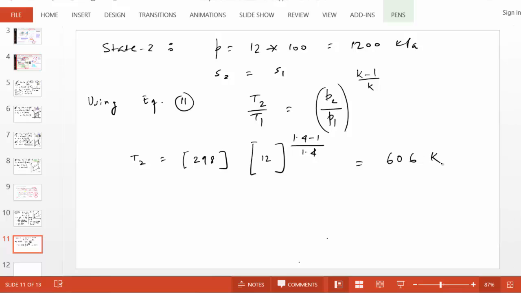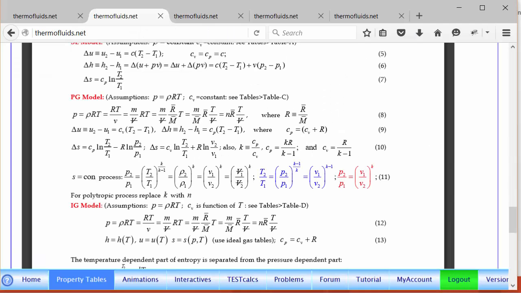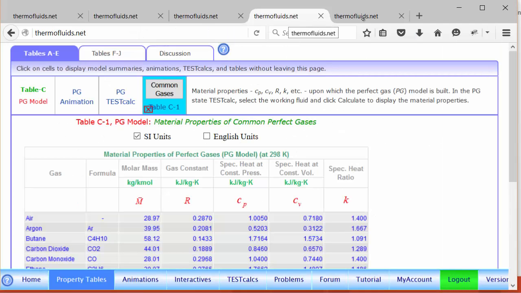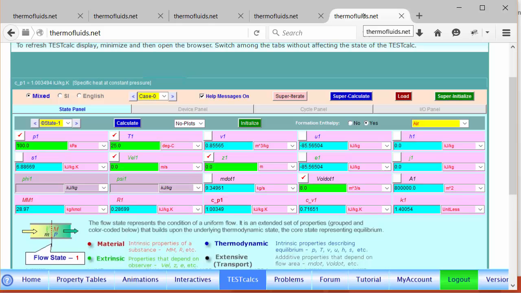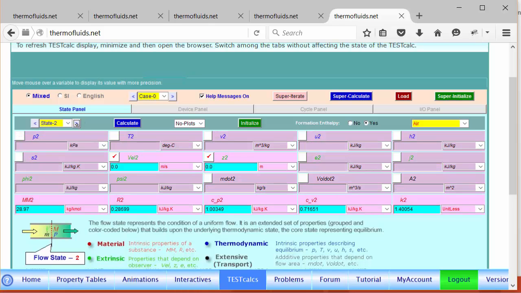Let's go and verify this just to make sure. For verification, we go to the test calc module. State 2, pressure equals 12 times P1, and entropy remains, sorry, not energy, entropy: S2 equals S1.